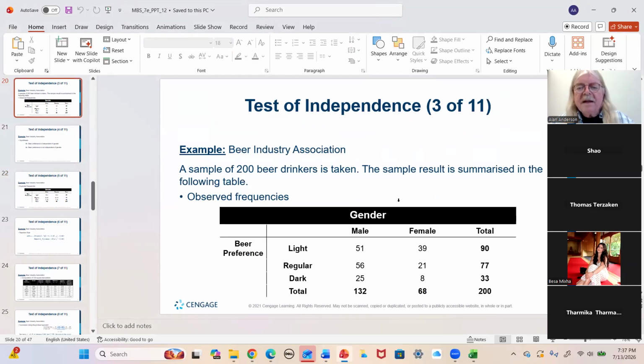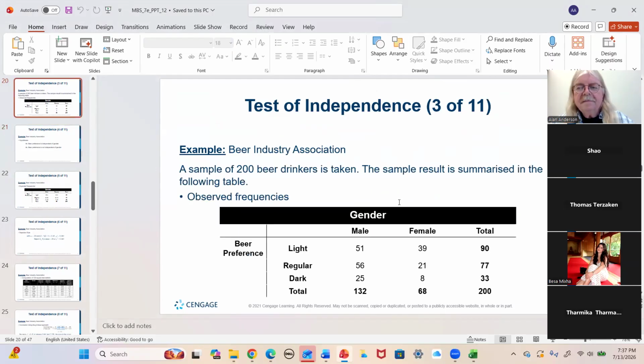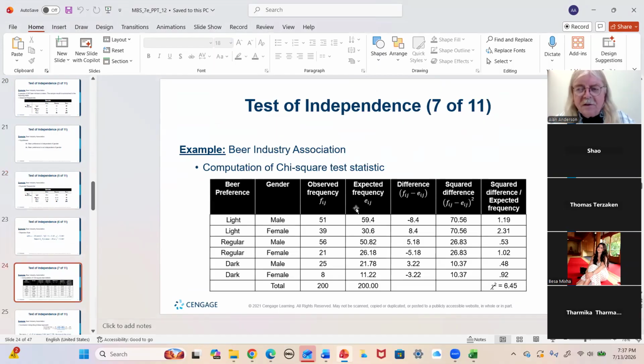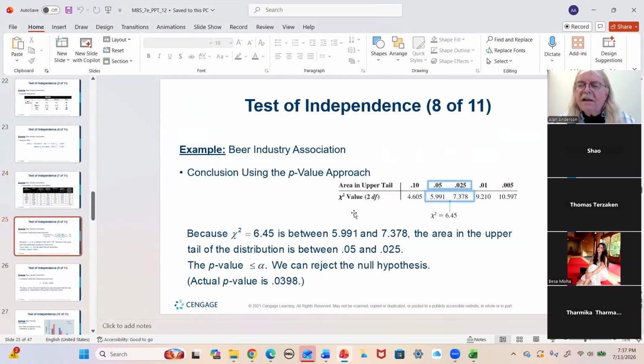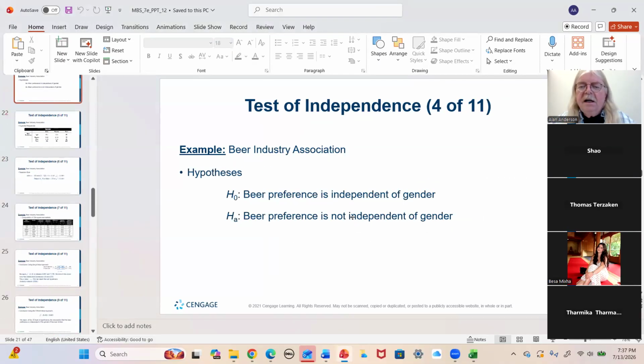These are the observed, these are the expected. Well, I'll tell you what. It's time to show you the shortcut. Rather than reproducing this horrible table, I'd like to show you the shortcut right now. There's no point in fooling around with this.